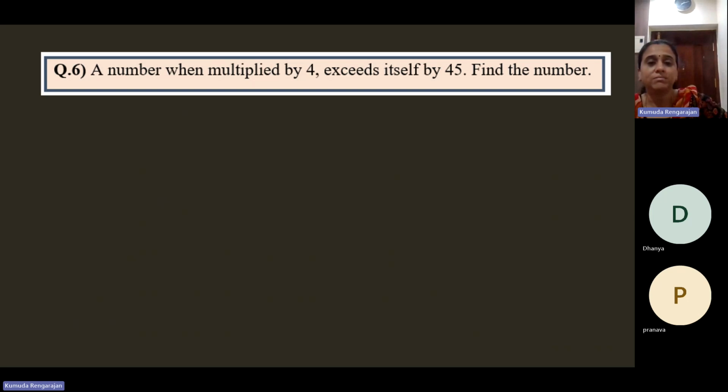A number when multiplied by 4 exceeds itself by 45. Exceeds means is more than.